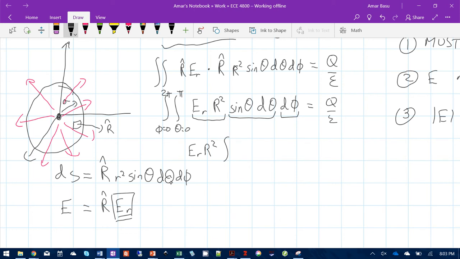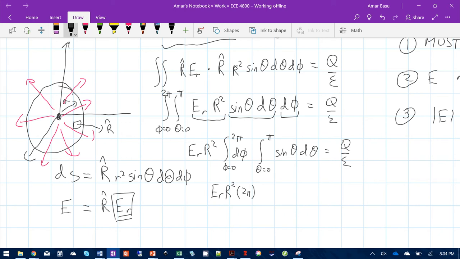We can do our phi integration here: phi equals 0 to 2 pi of d phi, and then theta equals 0 to pi of sine theta d theta, equals q over epsilon. E sub r times r squared, this just becomes 2 pi. And how about this one, sine of theta?